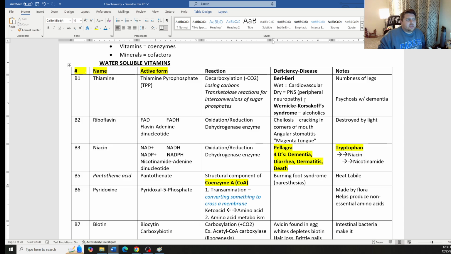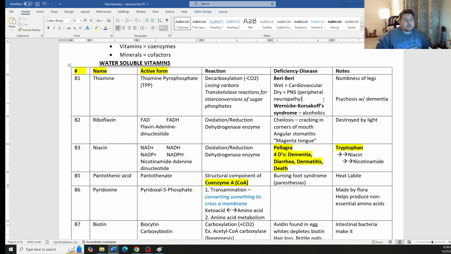So if a person is having some type of peripheral neuropathy, specifically numbness, especially within the legs, and you can rule out other conditions like diabetes or a musculoskeletal disorder, then we come back to beriberi.